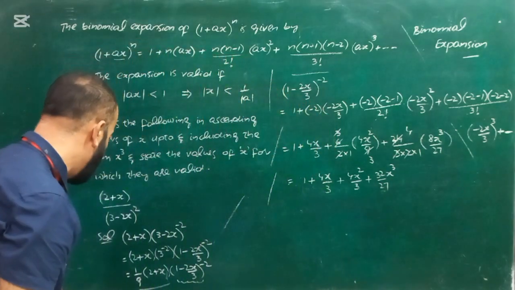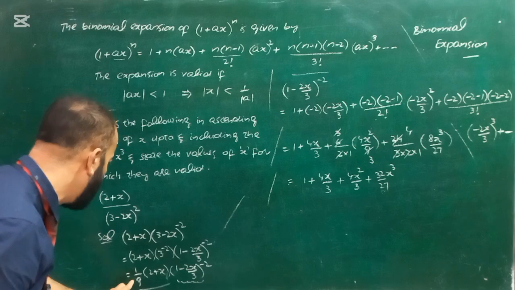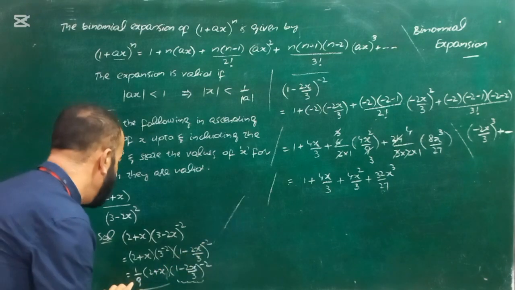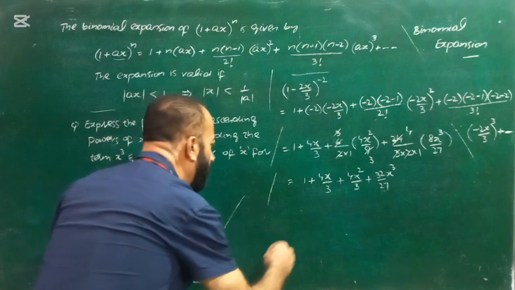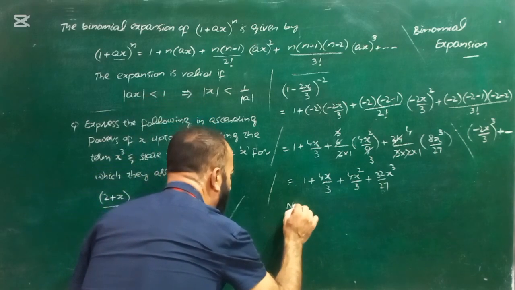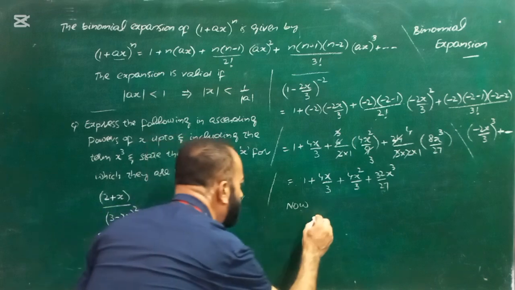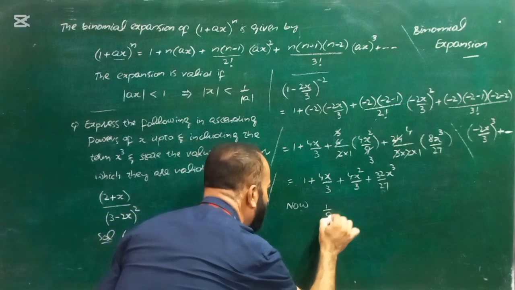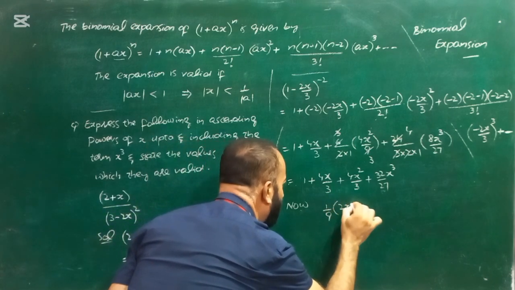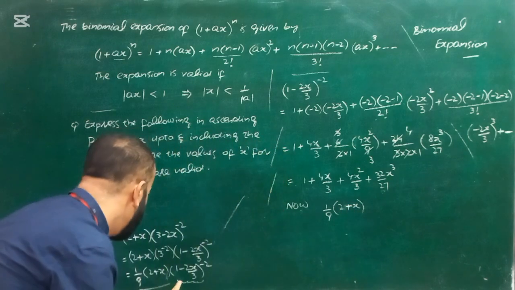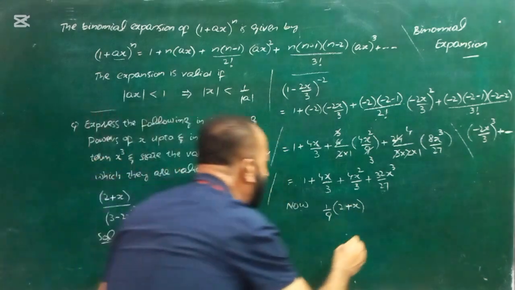Okay, finally, look here. This factor is going to be multiplied with this. So finally, write another step. So now 1 by 9 into 2 plus x into its expansion, which is here.